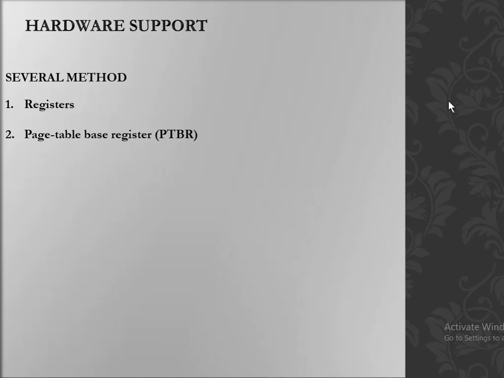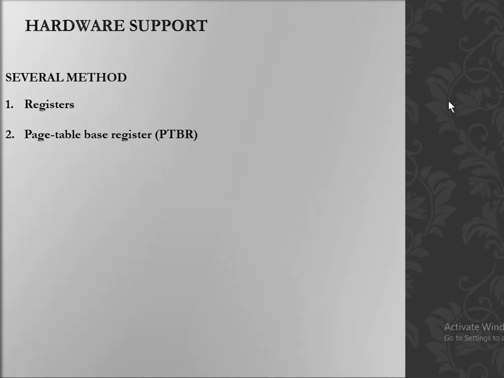But in this, to identify a particular page number, we need to search from top to bottom in the page table and identify the page entries. Next, after identifying that page number, you need to again access the main memory to get that particular data. So it takes more time. That is the main disadvantage here.